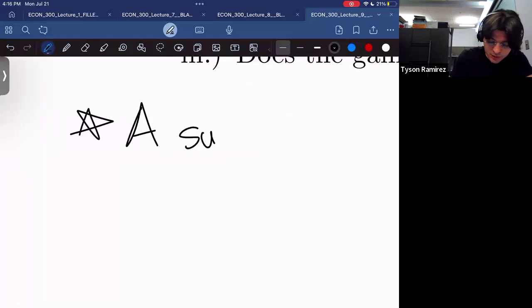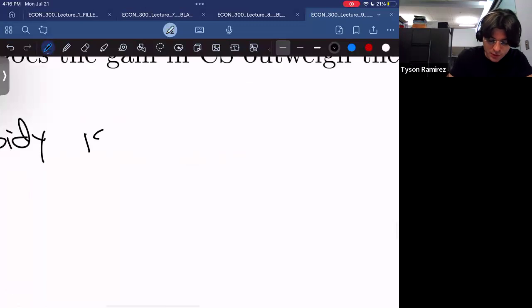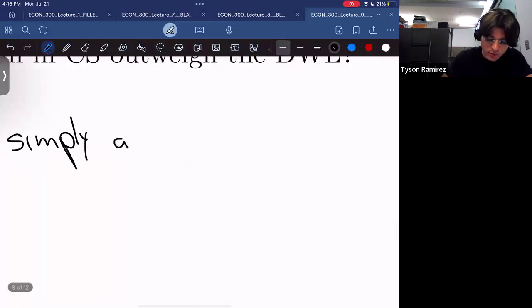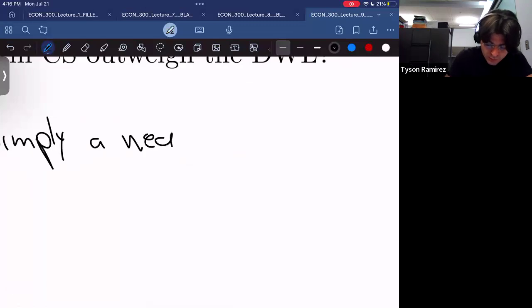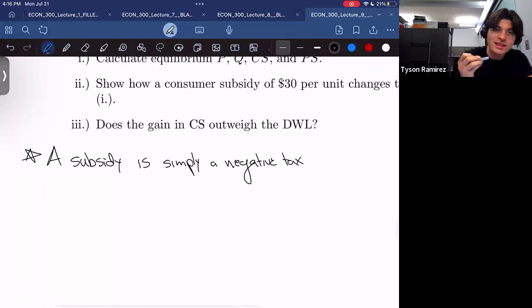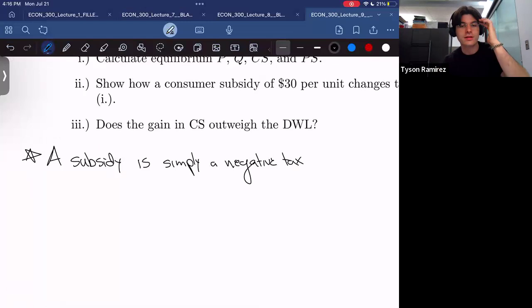A subsidy is simply a negative tax. So you do the exact same thing, except you're going to flip the sign of the tax.